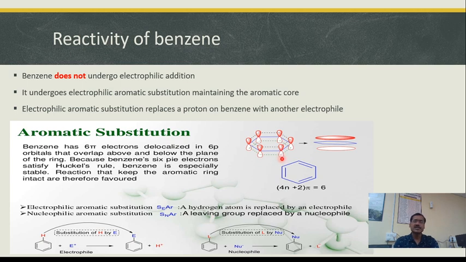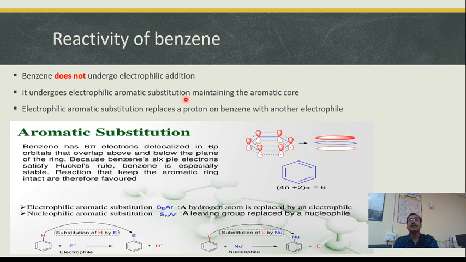So the benzene system can be considered as a nucleophilic system because it is rich in electrons and it can now welcome an attacking electrophile. But the thing is, it does not undergo addition reaction just like your alkene or alkyne or alkadiene.